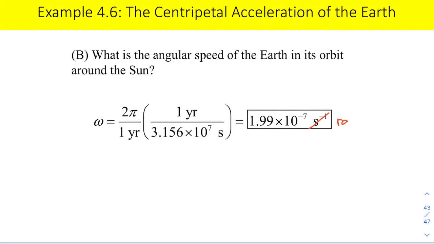Some books don't write down radian. Radian is actually a ratio of sides of a triangle, the same goes for degree, because degree is also a ratio of sides of a triangle. So it's not a real unit, or we can say it is dimensionless.